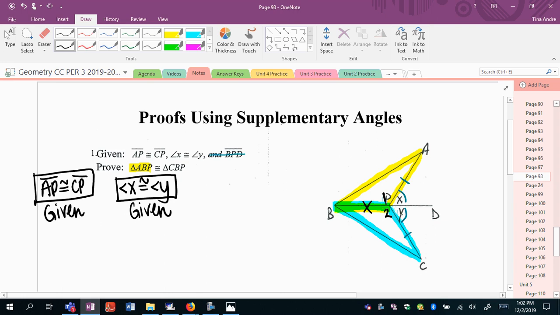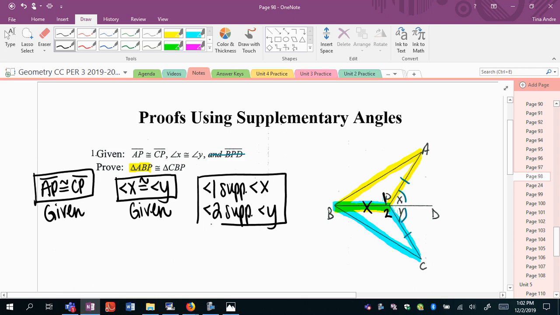And then I made a couple of conclusions. I said that angle 1 is supplementary to angle X, and angle 2 is supplementary to angle Y. This is because two angles that form a line are supplementary, or I could say a linear pair implies supplementary angles, something along those lines.